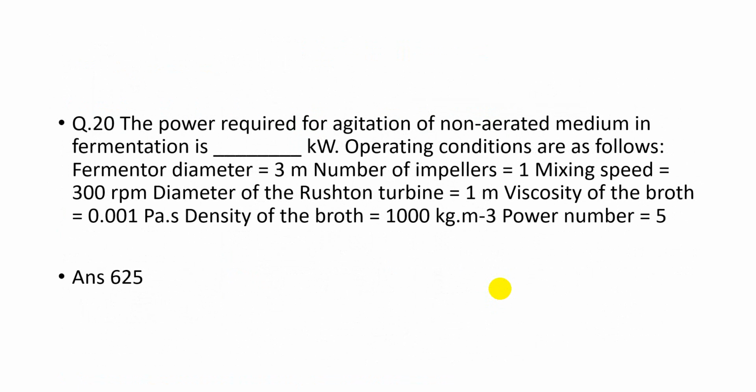When you substitute these values in the above formula, you get the answer as 625. So this was all in short about the types of bioreactors and the problems based upon their design and power requirements.